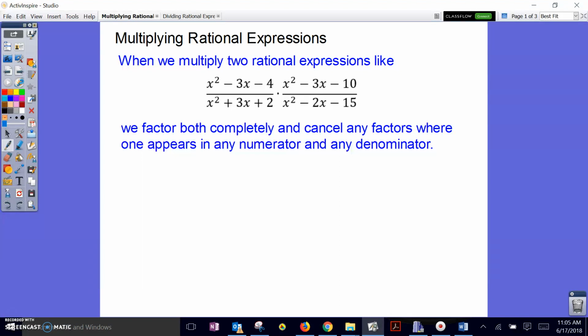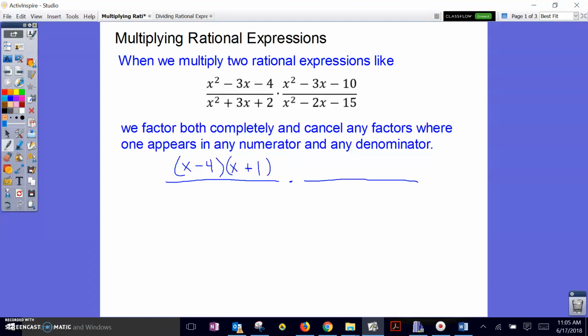So the first thing we're going to do in a multiplication problem like this one is factor the numerators and denominators of all the rational expressions completely. So we factor the x squared minus 3x minus 4: x minus 4 times x plus 1.